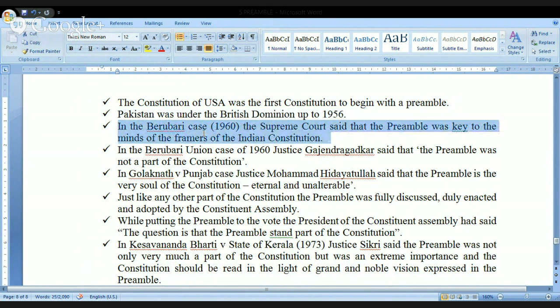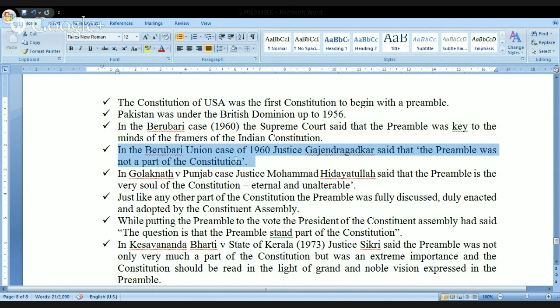In the Berubari case of 1960, the court said that the preamble was key to the minds of the framers of the Constitution. Clear? Look at this very, very important statement the Supreme Court made. Preamble was the key to the minds of the framers of the Indian Constitution. In the Berubari Union case of 1960, Justice Gajendra Gadkar said that the preamble was not a part of the Indian Constitution.